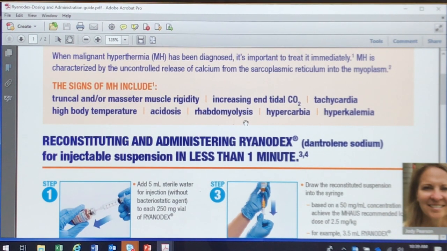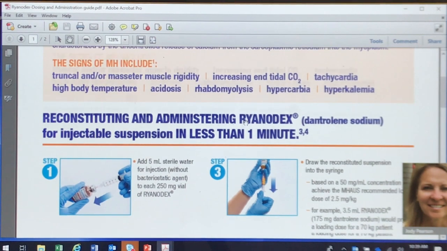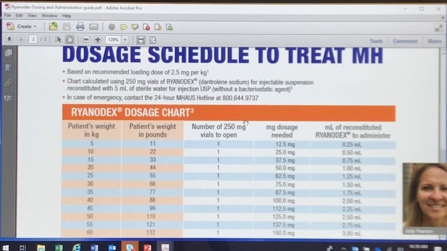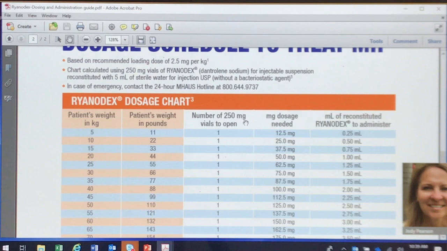So very, very important. Let me just scroll down here to this dosing schedule. As you can see, this Ryanodex dosage chart has the patient's weight in kilograms, the patient's weight in pounds, and the number of vials to open, and the milligram dosage needed, and how many milliliters you will pull up. We already talked about how to reconstitute it.